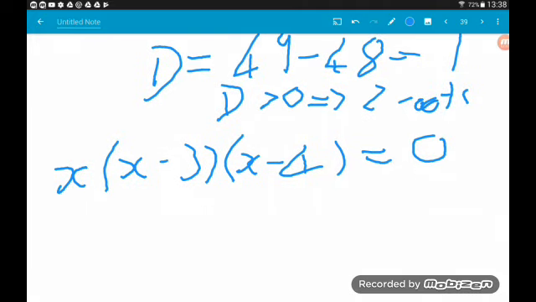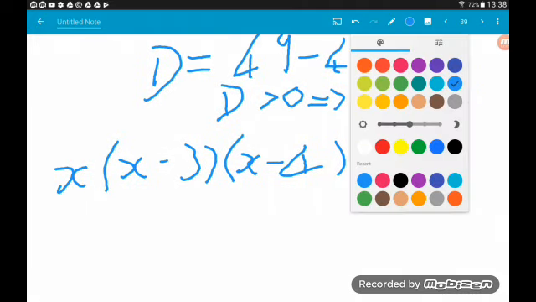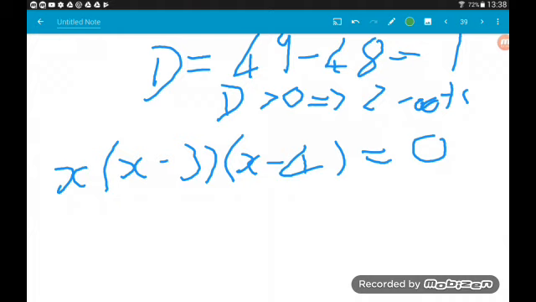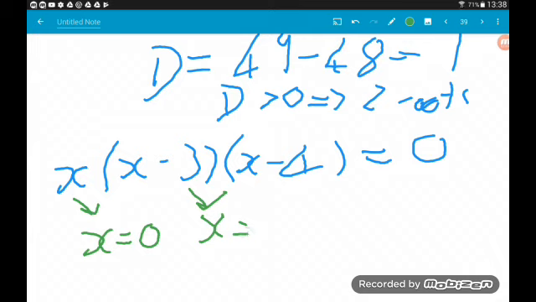Now, we've got 3 real roots. So, the first one, this x tells us x is equal to 0. If x is equal to 0, we've got 0 times the first bracket times the second bracket. 0 times anything is 0. The second bracket tells us x equals positive 3.